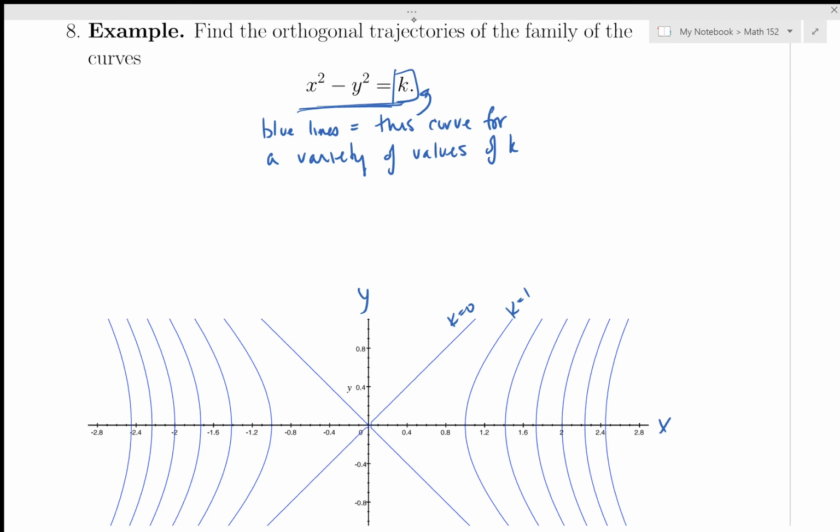Next piece of vocabulary: we are asked for an orthogonal trajectory. What does that mean? It means some curve that passes through all of these curves and always at a right angle. So let me try to draw an orthogonal trajectory. It looks roughly like this.